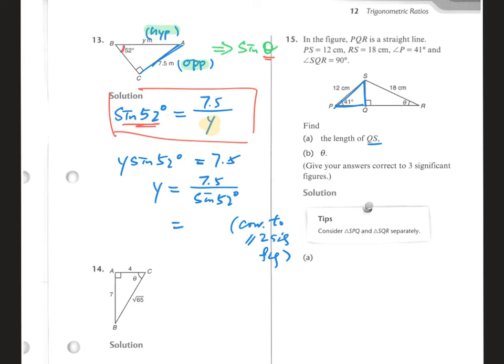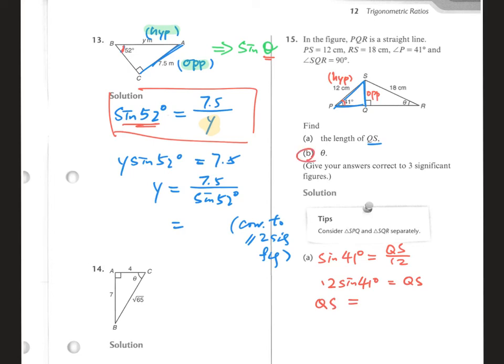So according to this, 41 degrees, QS is opposite side, 12 is hypotenuse, so that's why it's about sine theta. So we have sine 41 degrees equal to opposite side, which is QS, not QP, divided by 12. And 12 is multiplied to the left hand side, and hopefully you can get QS quite quickly.